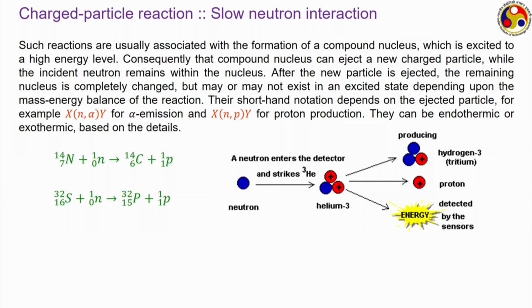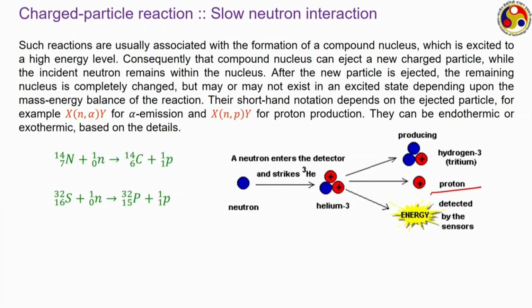That is, when a neutron strikes a helium-3 isotope, it leads to the emission of one proton and forms tritium, or hydrogen 3, and also energy. The proton can generally be sensed by some kind of sensor, and that indicates the presence of neutrons in the original sample. So, this is one example or practical application of this charged particle reaction.